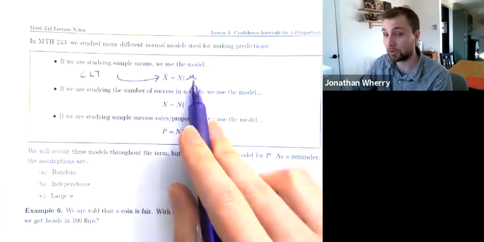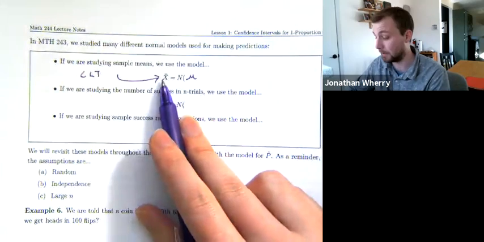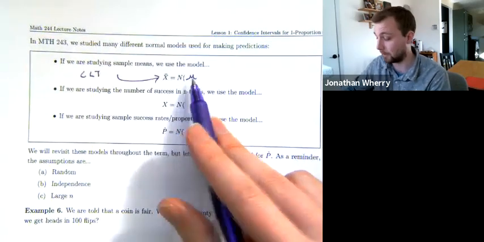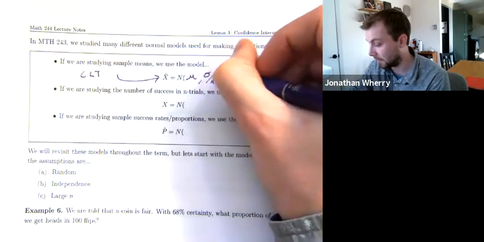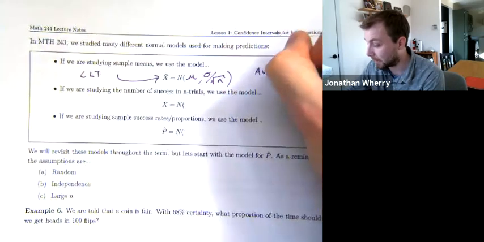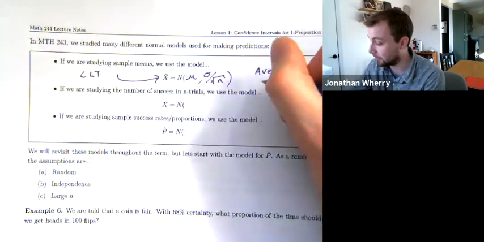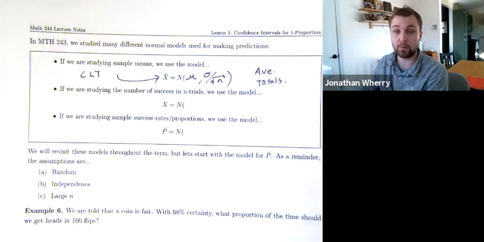Sample averages should look like my population average. This is my statistic symbol again. This is my parameter symbol again. And a standard deviation of sigma divided by the square root of n. If I'm trying to do a problem about averages, or a problem about totals, this is usually the model that I work with.